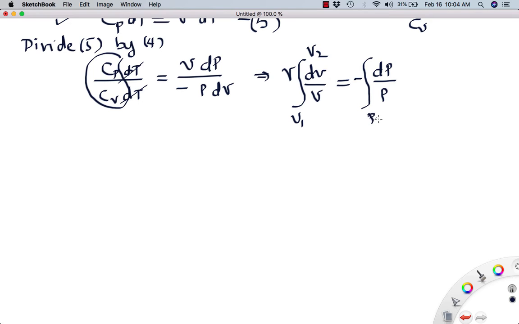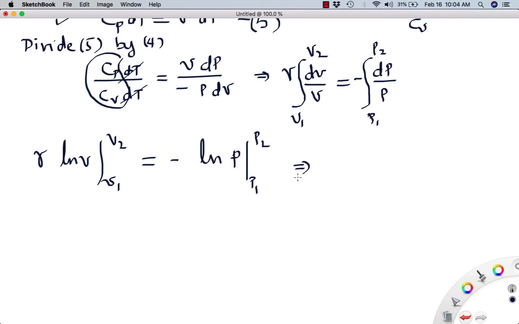So gamma, the integral of dV over V is natural log V from V1 to V2. The integral of dP over P is natural log P from P1 to P2. Okay, so if I use the limits, then I get gamma ln V2 over V1 is equal to negative ln P2 over P1.